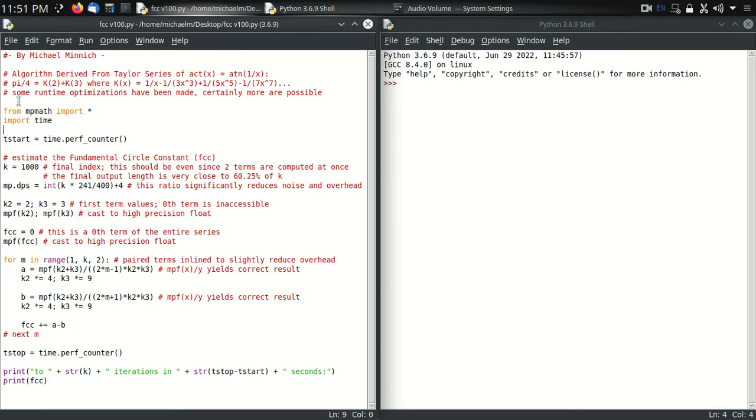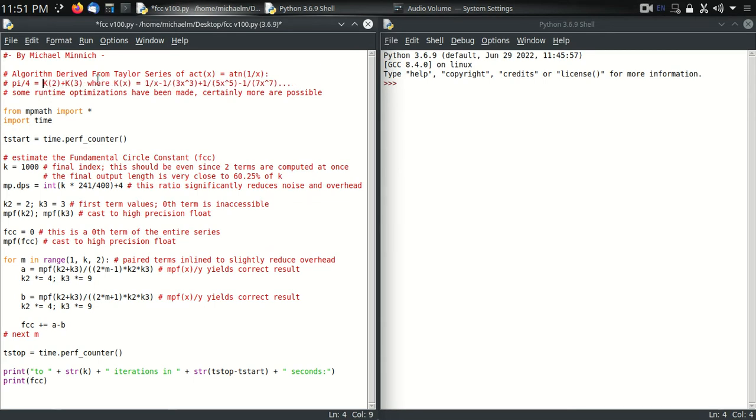And among the many pieces of evidence for this is that most of the methods for computing pi precisely are actually finding pi over 4 in the first place, and then you artificially multiply it by 4. So like this method here, you would take your result and multiply it by 4.